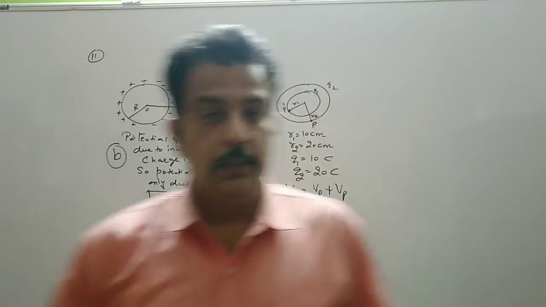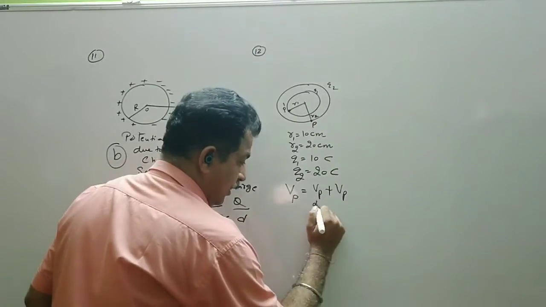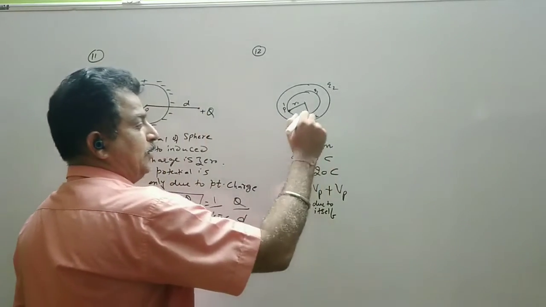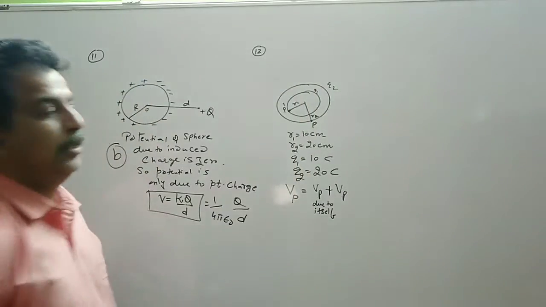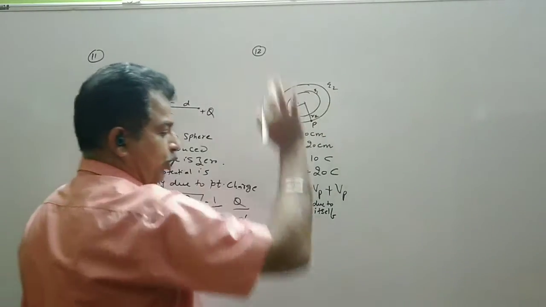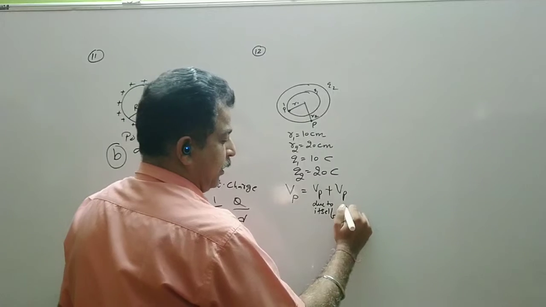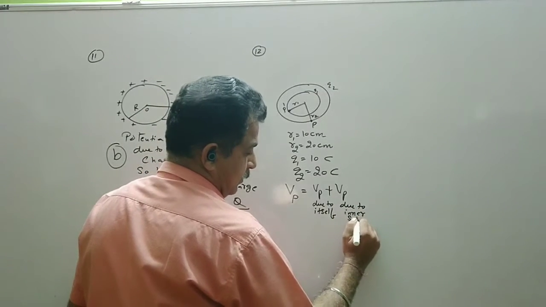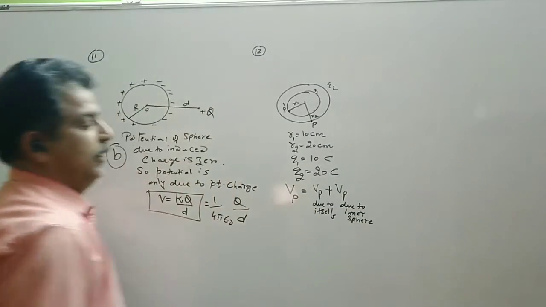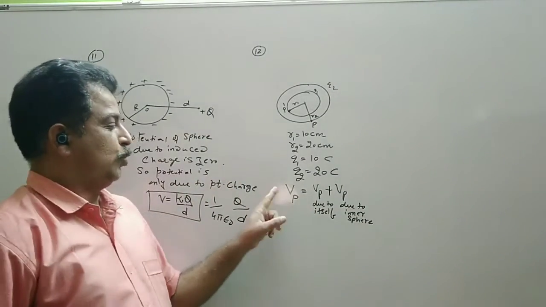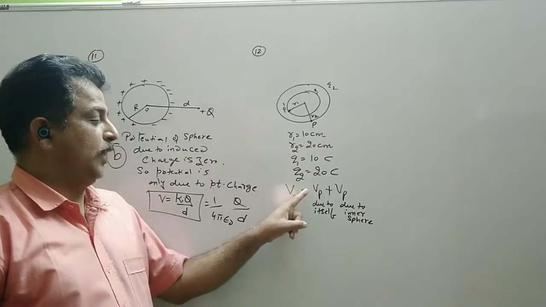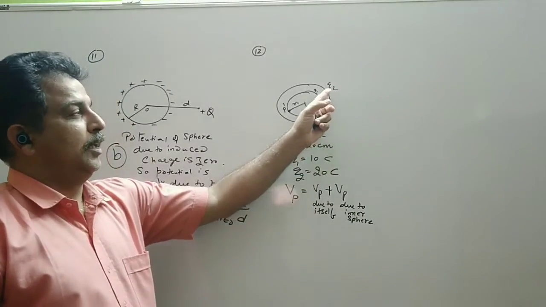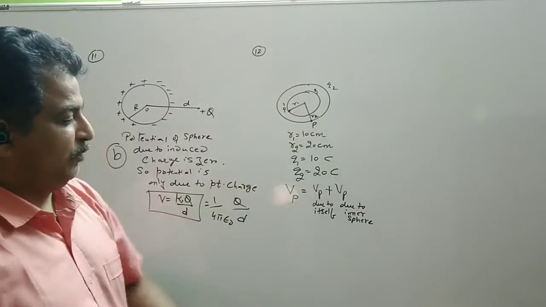Now this is Vp due to itself, that is, potential at P due to the outer sphere or due to Q2, and this is Vp due to the inner sphere. So the total potential at point P is the potential at P due to its own charge and due to the inner sphere.